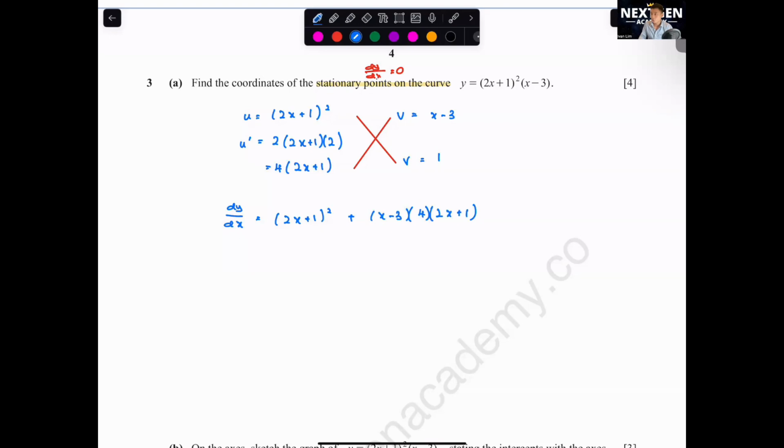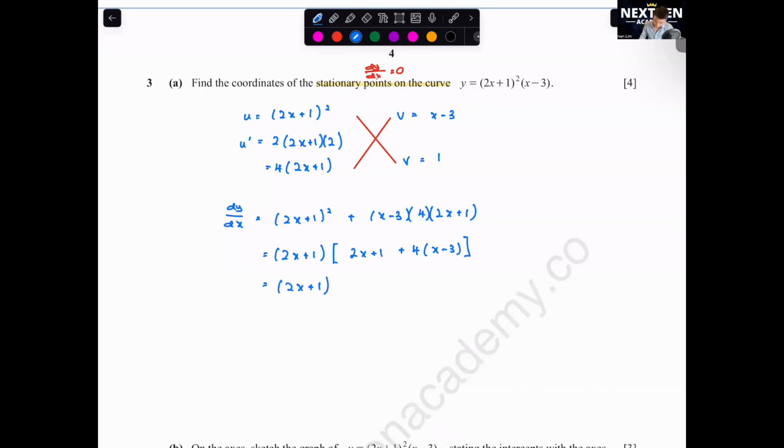The reason I didn't open up the bracket is because I want to factorize out 2x plus 1. Then I will leave 2x plus 1 from the first term, plus 4 times (x minus 3), because I want it in a factorized form, since I have to factorize it later also.